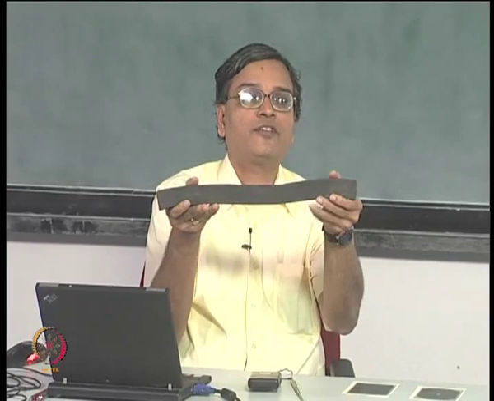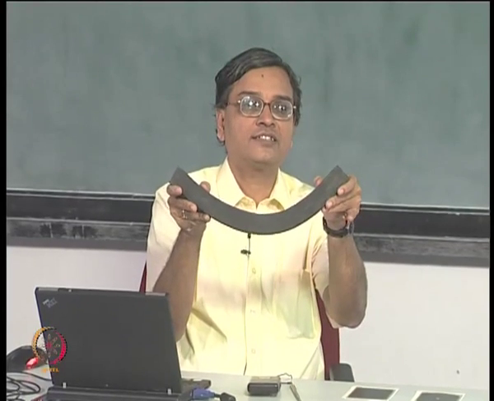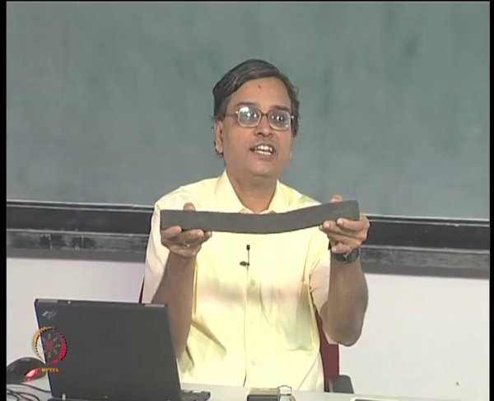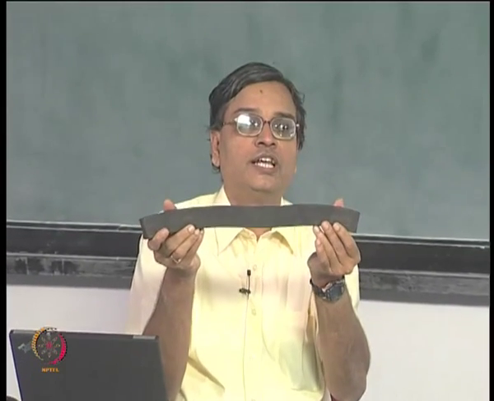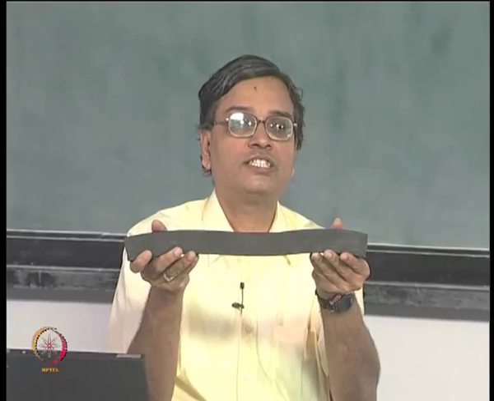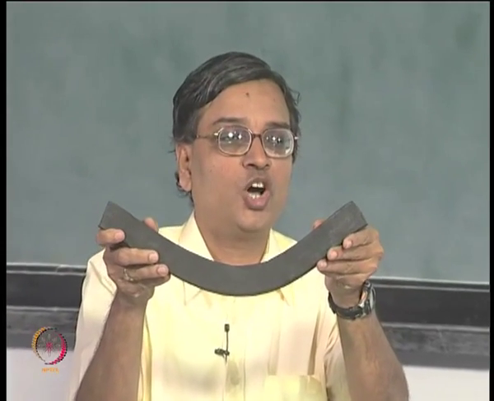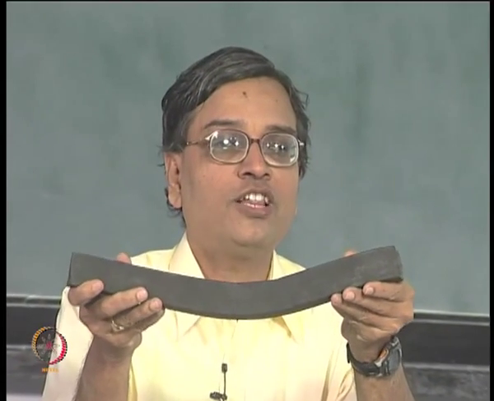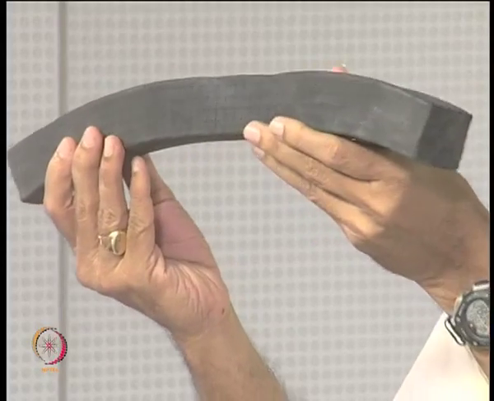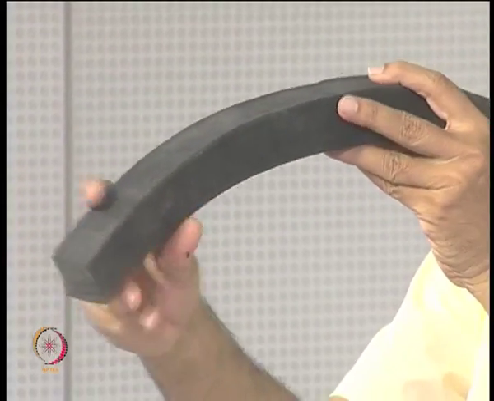We have taken a beam under 4-point bending, and it bends like this, and it is a 3-dimensional object, it has a cross section, but what you have managed to do in strength of materials, you just take it as a line, that is all you do the analysis. And when I go to theory of elasticity, you do not consider it as a line, but you consider that as a 2-dimensional object.